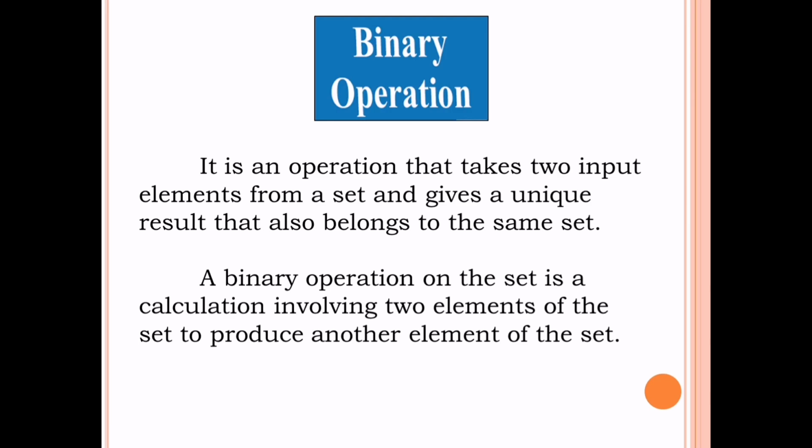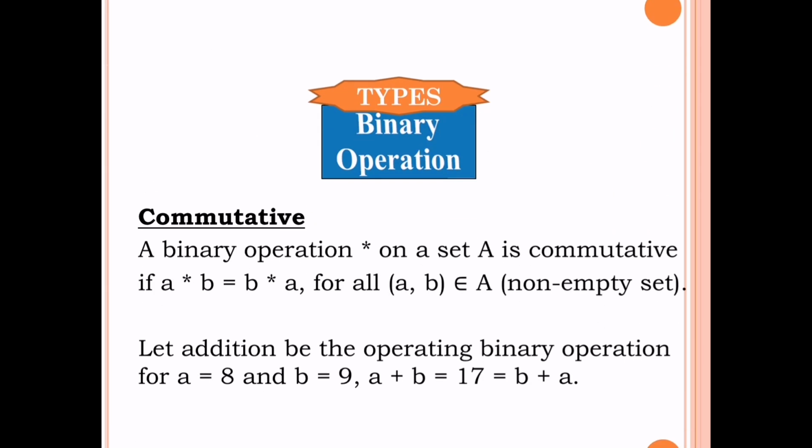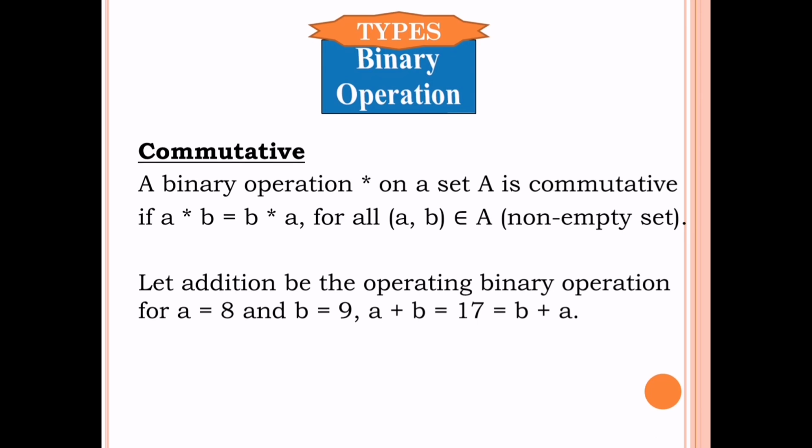So let us look at the different types of binary operation. The commutative. A binary operation denoted by this asterisk on a set A is commutative if a * b equals b * a for all ordered pairs a, b, elements of set A, a non-empty set.